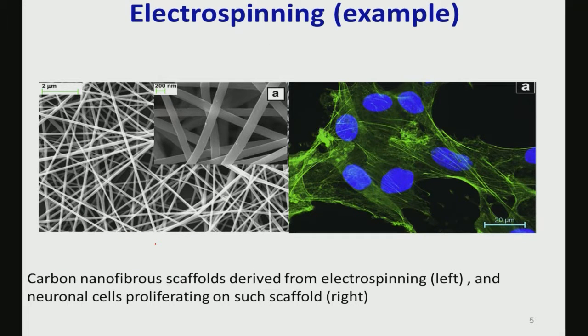These are some examples of electrospun scaffolds. This is again from our own research results. This is a carbon nanofiber scaffold, and what you see on the right-hand side are some neural cells which have proliferated on the scaffold. The blue stained region is the DAPI stained nucleus of the live cells, and the green stained region is the actin.